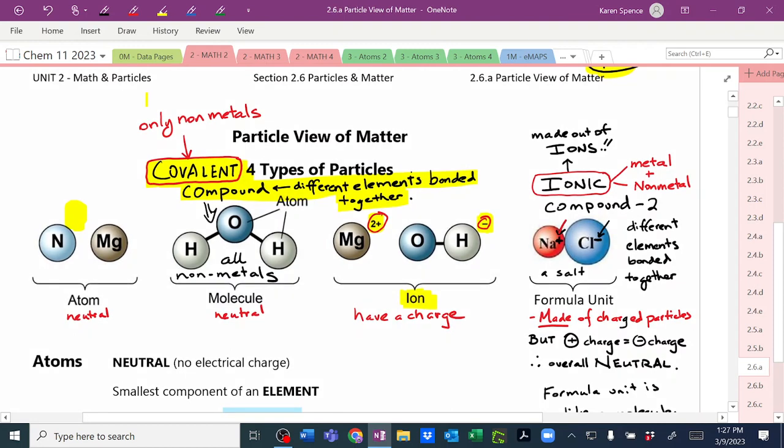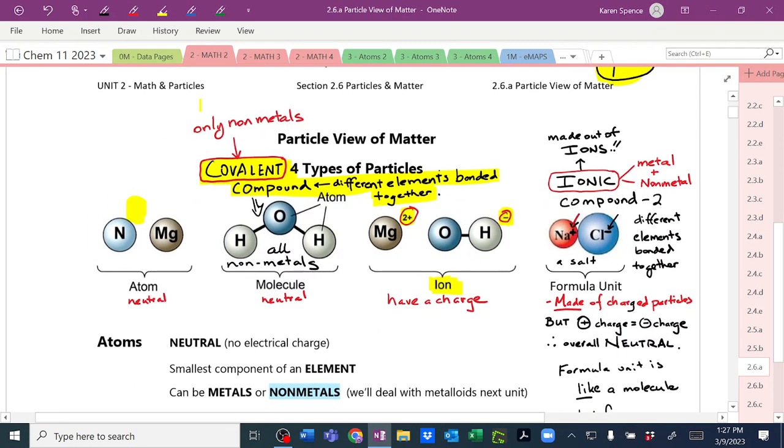So all of these different things, atoms, molecules, ions, formula units, those are all different types of what? Particles. These are all particles. A particle is usually just defined as the smallest bit of matter that is still what it is, right?